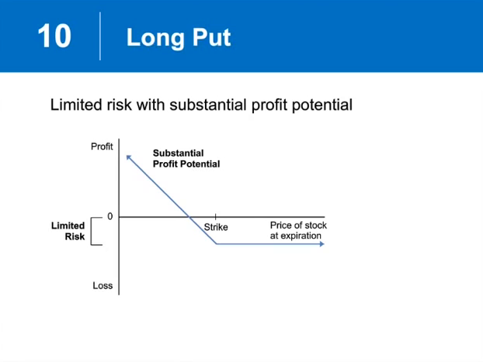So on the long put side, again, the long put is the right to sell stock at the strike price. That's going to be a form of downside protection where we're clearly going to be paying for that downside insurance.